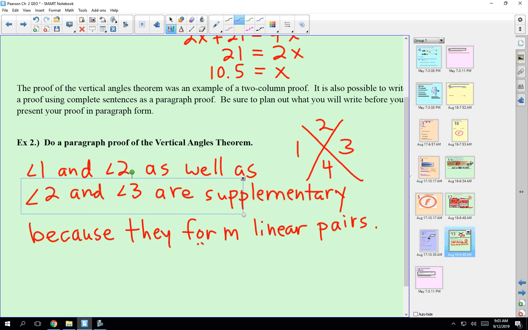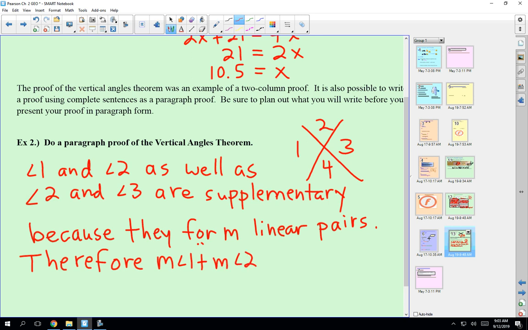And then we might say something along the lines of, therefore, measure of angle 1 plus measure of angle 2, or you might use the word so. Therefore, measure of angle 1 plus measure of angle 2 equals 180, and measure of angle 2 plus measure of angle 3 equals 180.